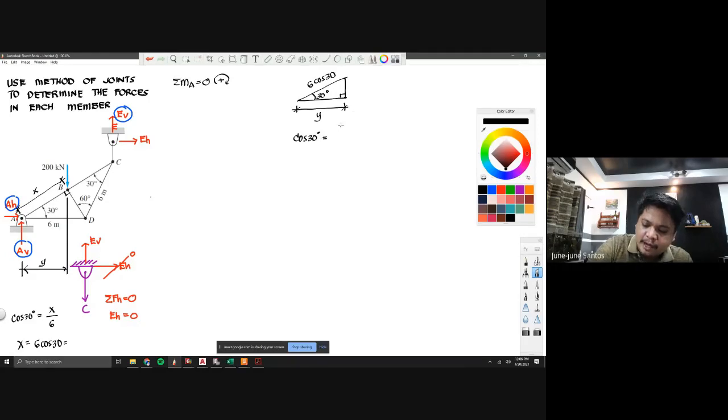This is adjacent over the hypotenuse, 6 cosine of 30. So, you have y equals to 6 cosine of 30 multiplied by cosine of 30. Okay? So, you have now the y equal to 6 cosine of 30 times cosine of 30. So, you will be having here 4.5. Okay? Nasa sa inyo, no? So, there are several ways on how to compute for that. So, it means this is now 4.5.